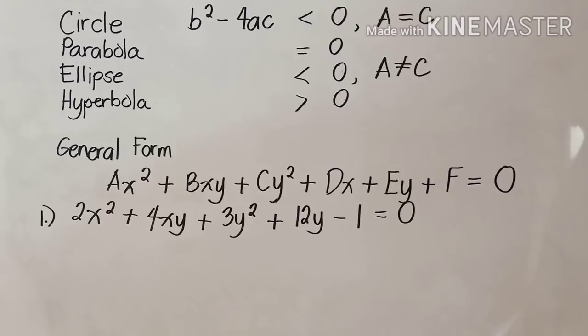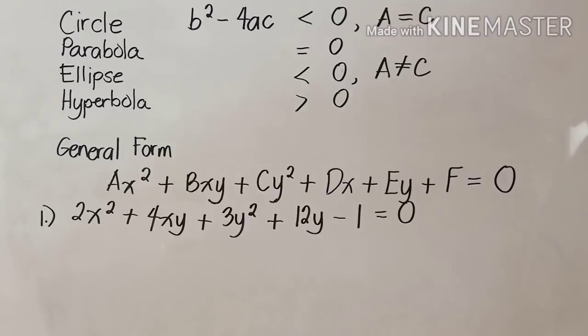If the answer is less than 0, but this time a is not equal to c, then it is an ellipse. If the discriminant is greater than 0, then it is a hyperbola. The general form of the quadratic relation of the conic sections is ax squared plus bxy plus cy squared plus dx plus ey plus f equals 0.